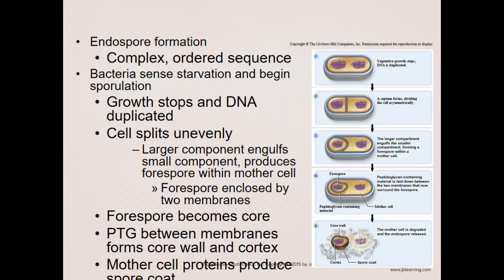Basically we form a tiny little split between the DNA, so it replicates, and we form this little barrier between the two strands of the two chromosomes. One of the cells, the larger of the two cells, starts to engulf the smaller of the two cells, forming a spore.